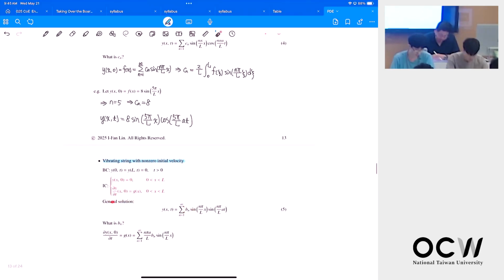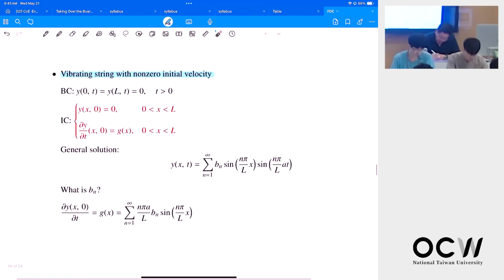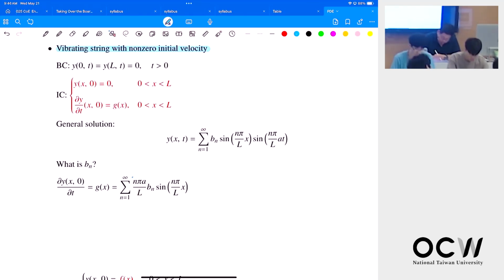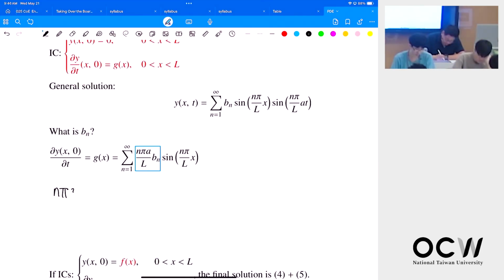And for this initial condition, this is your overall coefficient for Fourier sine series. So this is your overall coefficient, n pi a over L Bn. To get these coefficients, you times the basis function.